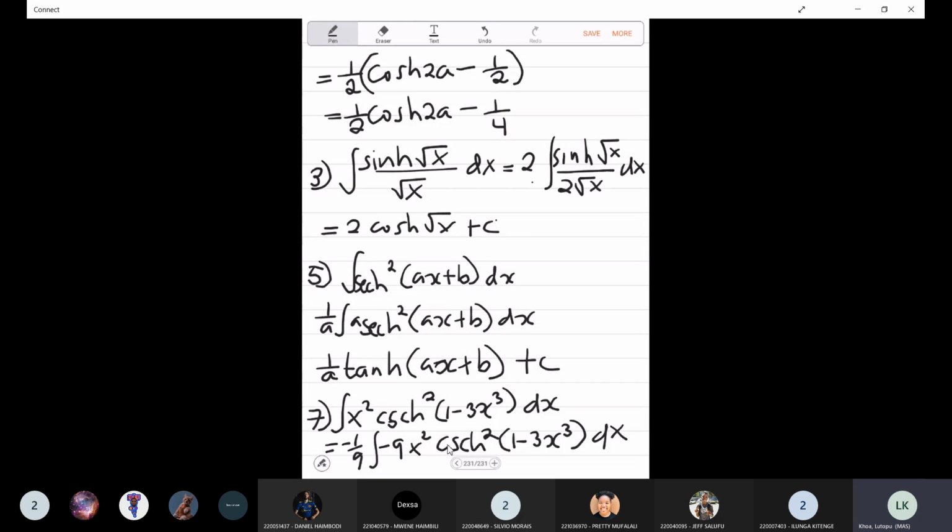Then from here, the integral of hyperbolic cosec squared is cot, but it must be negative.